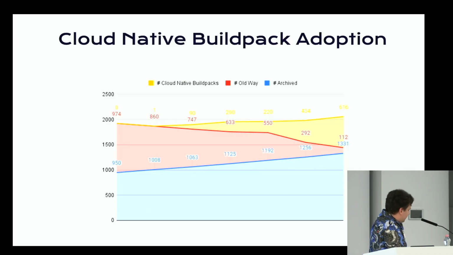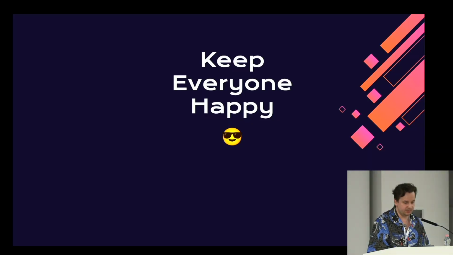Then was December, so we almost didn't move at all. Then we introduced Go and Node.js, and the 112 repositories still using the old way were repositories with Dockerfiles, repositories without the need for containerization, and repositories that were just, for example, snippets or sandboxes. And we kept everyone happy.